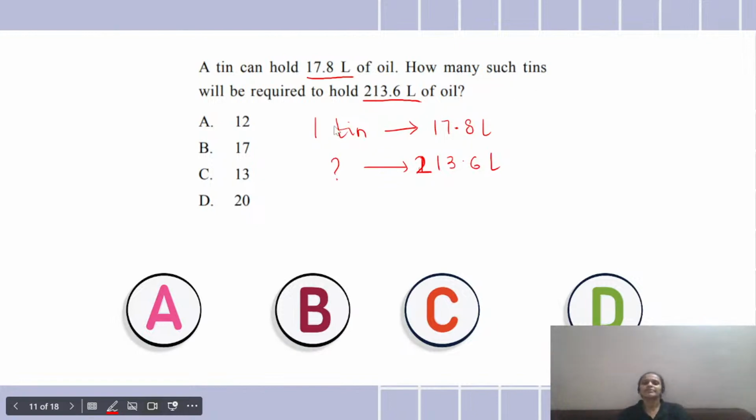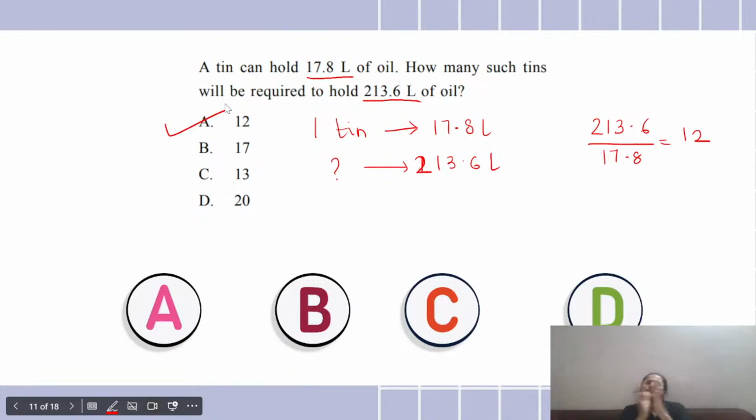Yeah, so you simply have to divide 213.6 by 17.8 and you get the answer as 12. Okay, so yes, option A is absolutely right as given by Banishika and then Satish. So 12 is the answer to my question over here. I will require 12 such tins to hold 213.6 liters of oil.